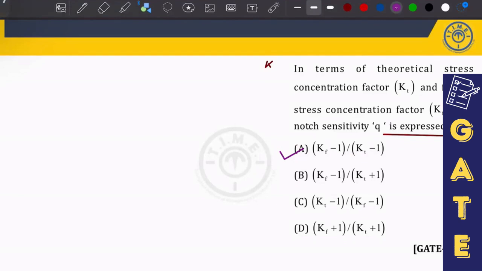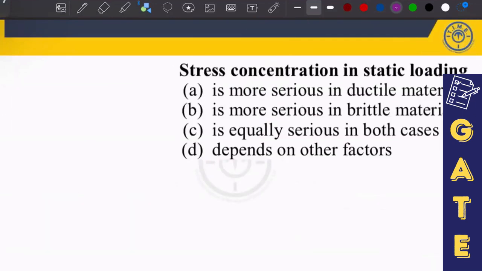But in case of a brittle material, it will be very serious. I am talking about static loading; in dynamic loading, when the load magnitude and direction are both changing, it will be harmful for ductile as well as brittle material. One question they have asked: the stress concentration in static loading is equally serious in both cases, more serious in brittle, more serious in ductile, or depends on other factors.